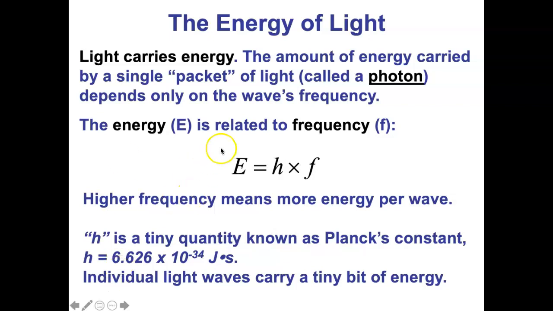So the energy in this equation, the energy is the energy of a single photon, which is equal to h, which is another constant called Planck's constant. Again, this is another constant of nature, so it's not a variable, it's just a constant. The only variable here is the frequency. Right? The higher the frequency, the higher the energy. The higher the frequency of a photon, the more energy it carries.